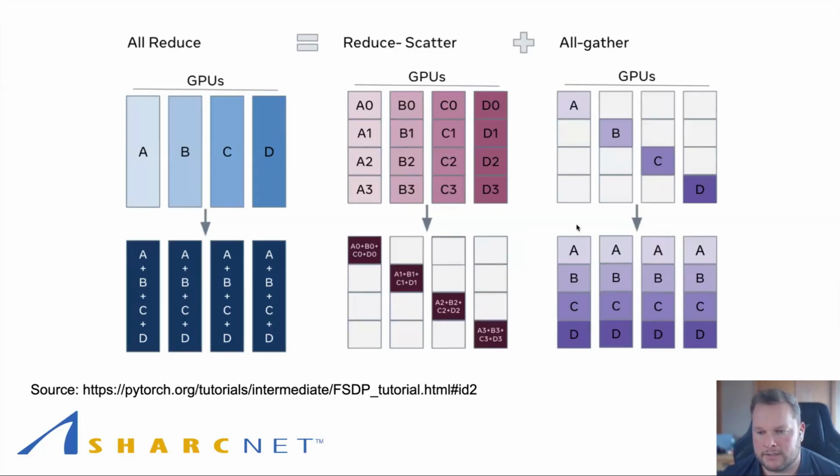So now all the ranks have all of the shards. So each of them has a complete FSDP unit. Then we do the same thing we do in DDP. We run our batch through that unit, not through the whole model, but through that unit. And then later do that again in the backward pass, to update our gradients.